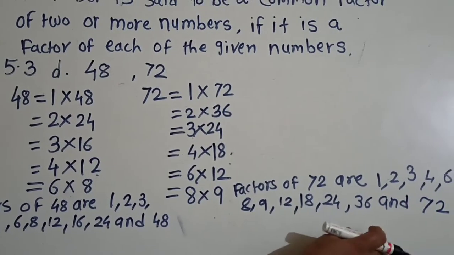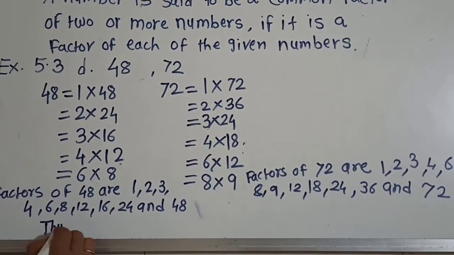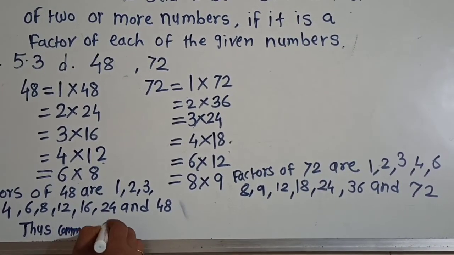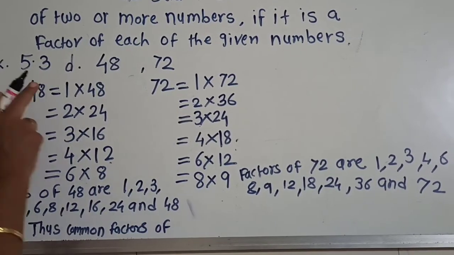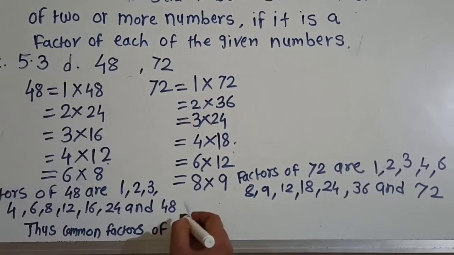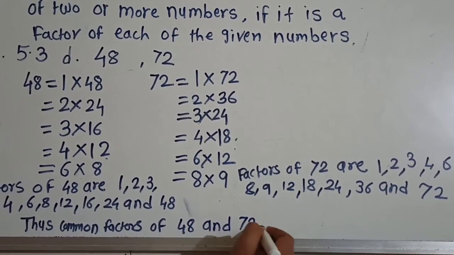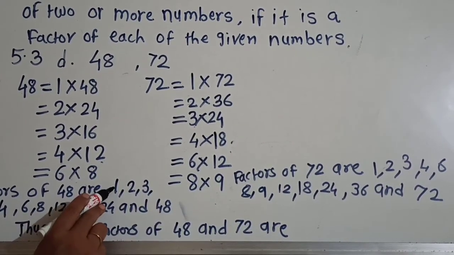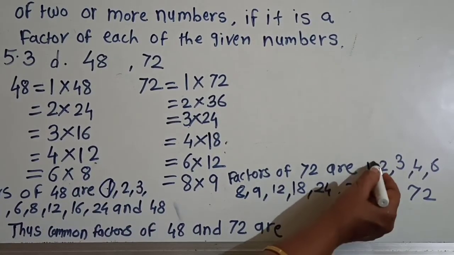Okay, children, now we have to find out the common factors of 48 and 72. See here, common factor. Here is 1, here is 1. This is common. Okay.